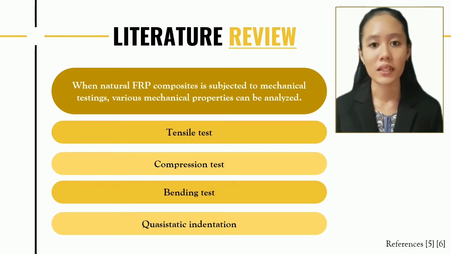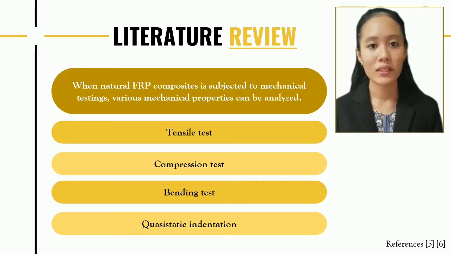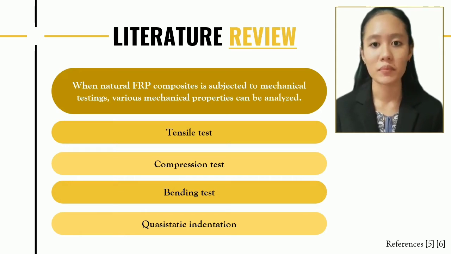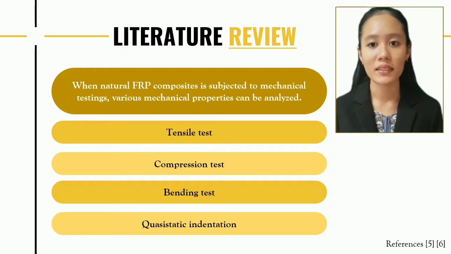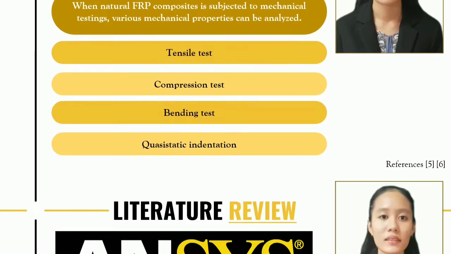Bending test, or flexural testing, is conducted to determine the bending strength of the sample. Quasi-static indentation test is static analysis of the response of the sample when subjected to impact. It can provide information that can be used to describe the damage of the sample during impact.